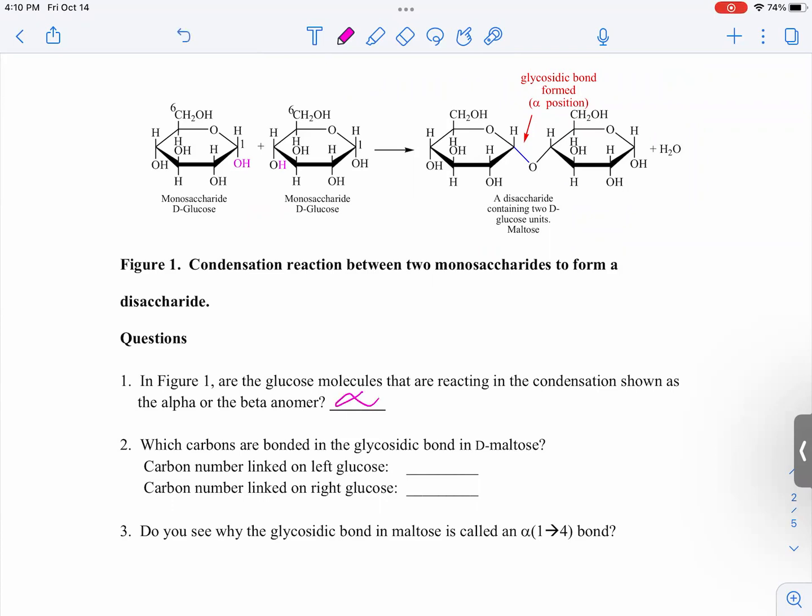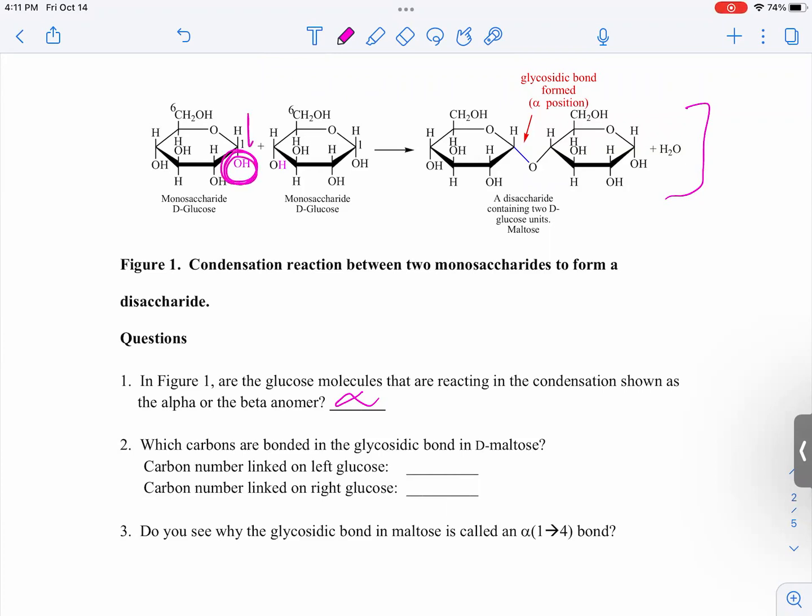So you look, what do you look for? Your anomeric carbons, all right? And so if you're looking at your disaccharide or you're looking at your monosaccharide, you can see here, right?